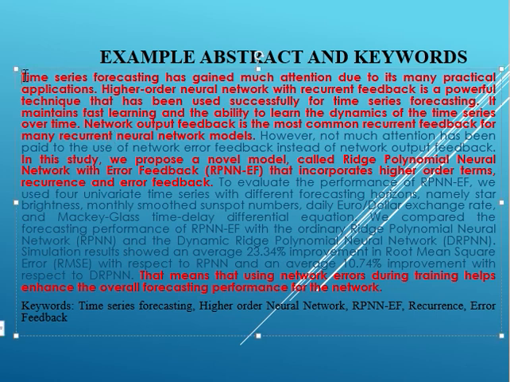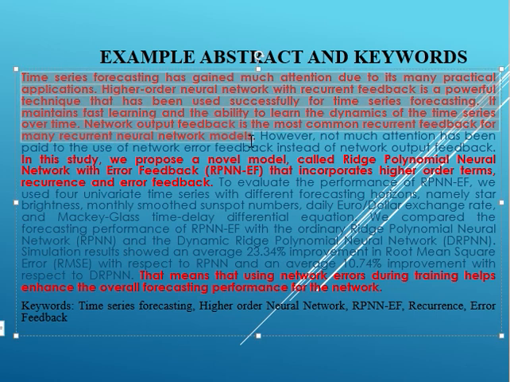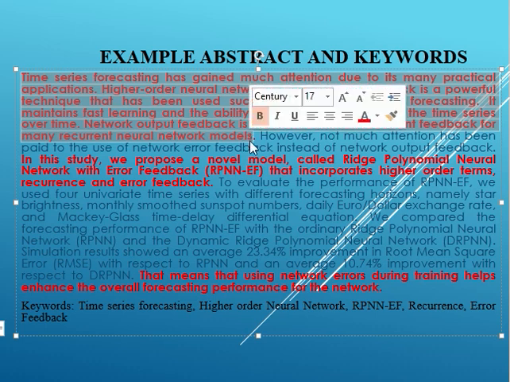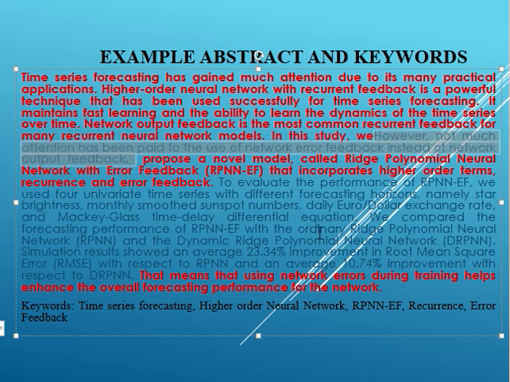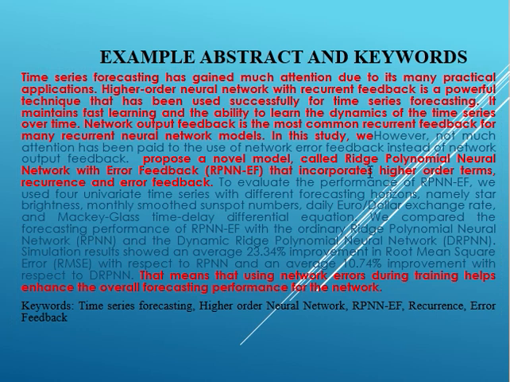Initially, they write the introduction or background regarding the research paper. After that, with this sentence, you may see: however, not much attention has been paid to the use of network error feedback instead of network output feedback.